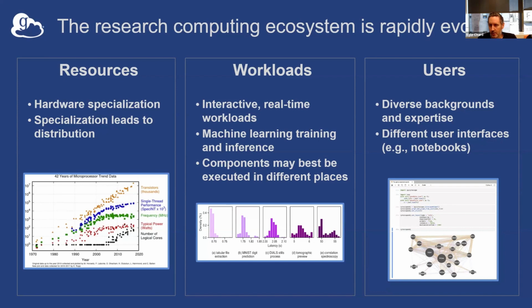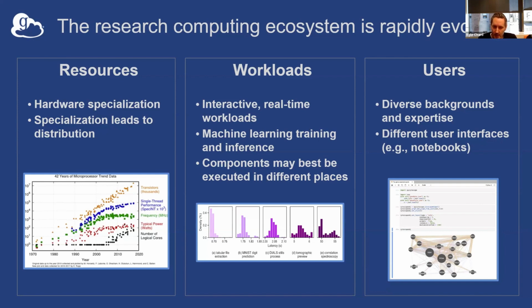The result of these workloads, if we start to imagine them being composed of these much smaller pieces, is that we can potentially obtain performance and energy benefits by breaking up those elements and running them in different places. So we see here at the bottom this plot of runtimes for a bunch of different scientific applications.